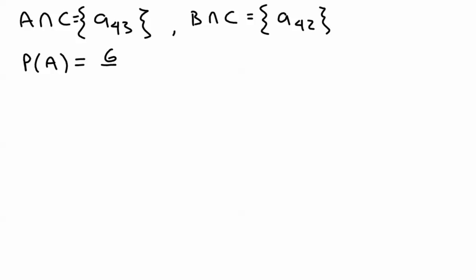Likewise, event B intersects C at outcome A sub 4,2. The probability of event A is 6 chances out of 36, as we've seen. 6 ways to get a 7.